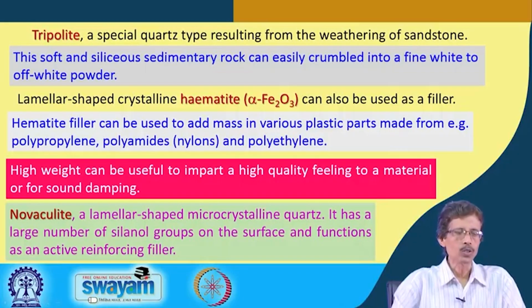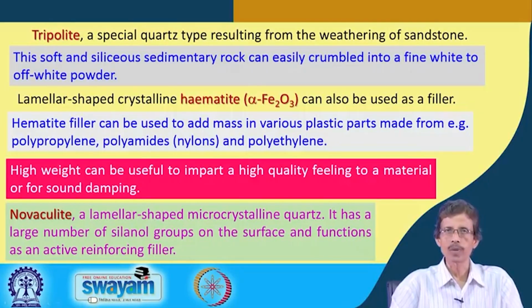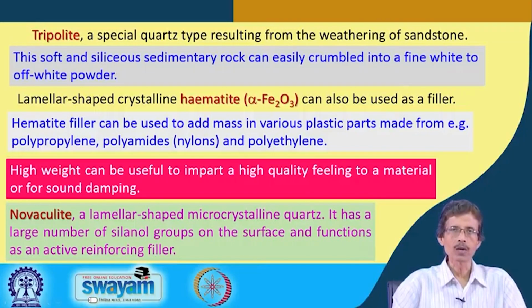Then the last one is your novaculite, like that of your tripolite. It also has the same lamellar type of structure, and it is a quartz variety which is microcrystalline in nature. It also has some extra silanol groups, so Si-OH groups at the surface, and it functions as a very active reinforcing filler material, since the silanol groups have some advantages, particularly the wetting behavior, which we will see sometime.